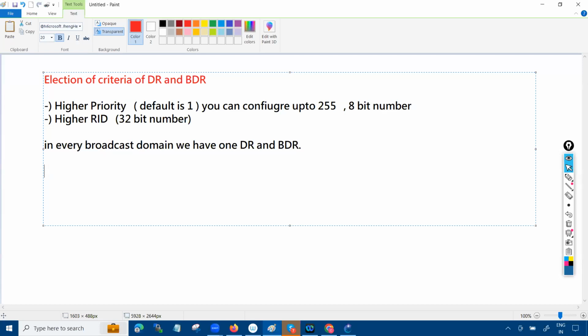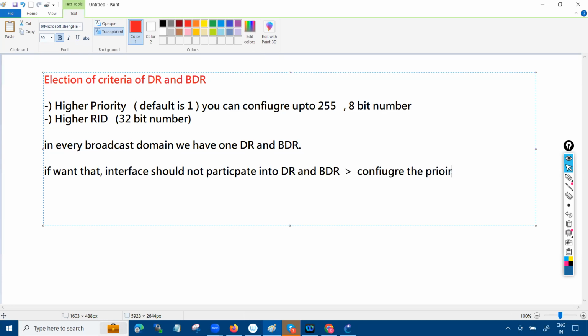So if you want an interface to not participate in the DR and BDR election, then simply what you can do is configure the priority as zero.